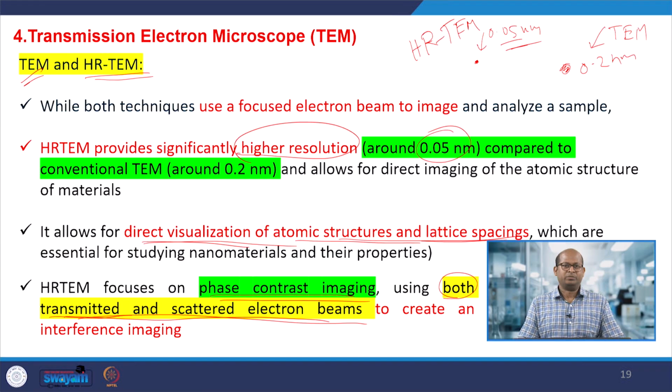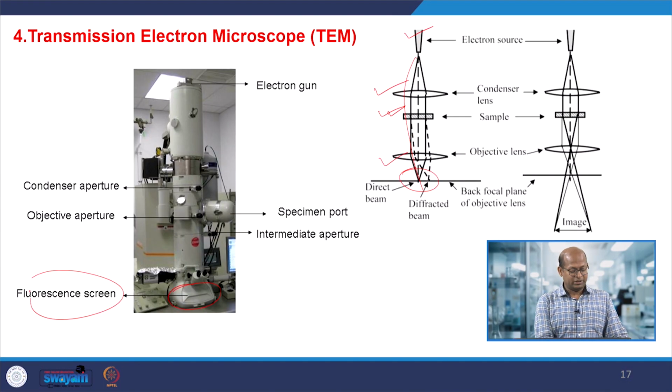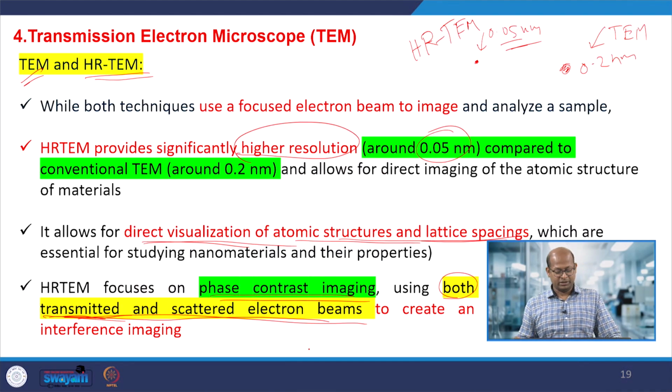In transmission mode, the transmitted electrons are collected and fall on the fluorescent screen to give the image. Here not only transmitted electrons but also scattered electrons are collected to get a specific image on the fluorescent screen, which gives much better resolution.